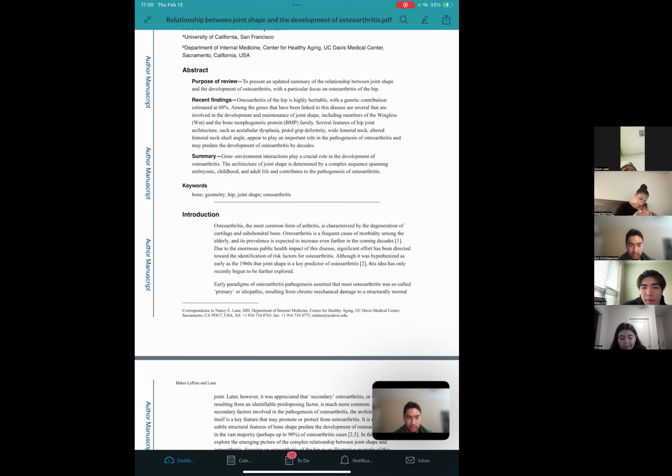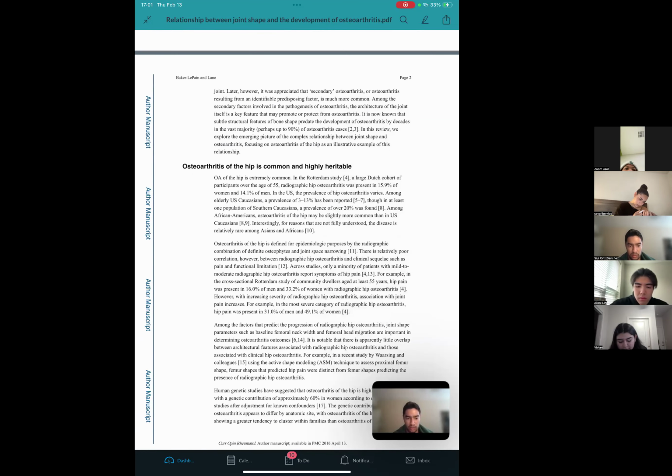Early paradigms of osteoarthritis pathogenesis asserted that most osteoarthritis was so-called primary or idiopathic, resulting from chronic mechanical damage to structurally normal joints. Later, however, it was appreciated that secondary osteoarthritis, or osteoarthritis resulting from an identifiable predisposing factor, is much more common.